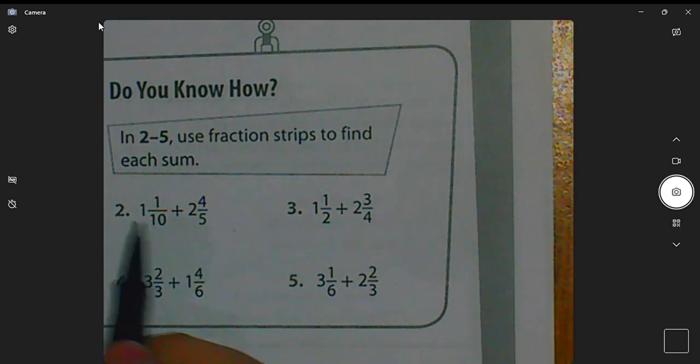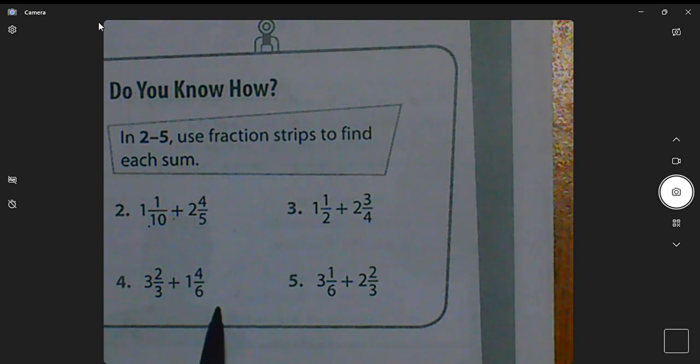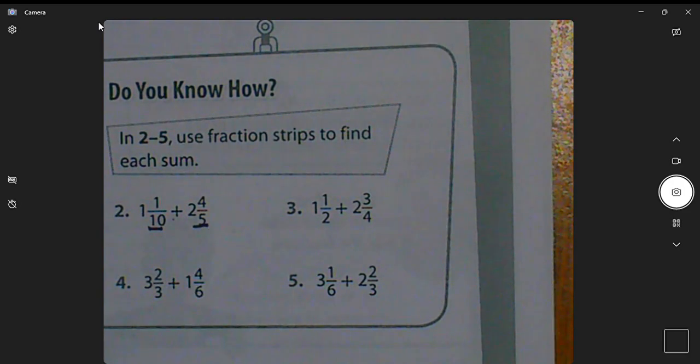1 1/10 plus 2 4/5. When I'm looking to add my mixed numbers, first step, do my fractions have the same denominator? 1/10, 4/5. Are those the same denominator? No, they're not.